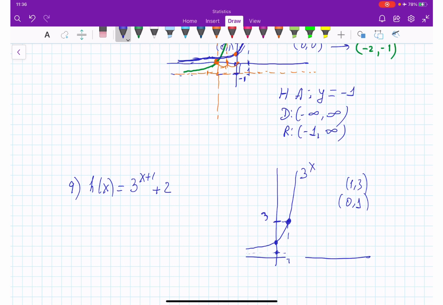Okay, got it. So, which means it's gonna go like this. This is 1, and this one is coming like that. So this is 0, 1, and this point is 0, 0. So 0, 1, 0, 0.